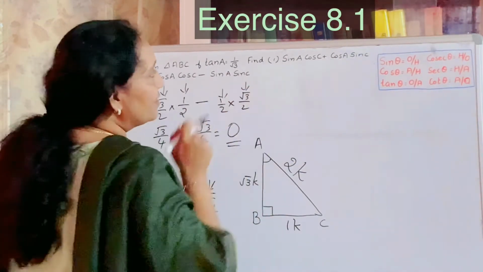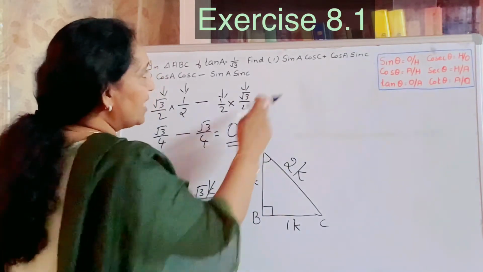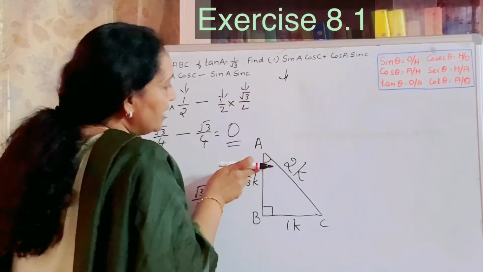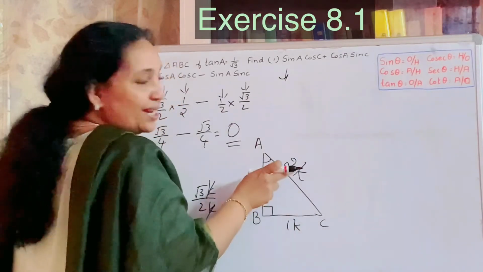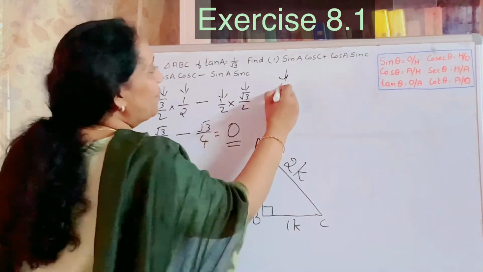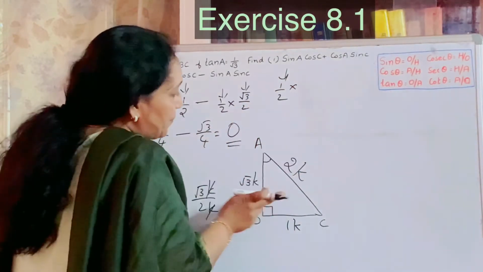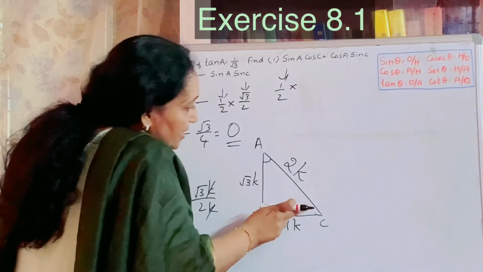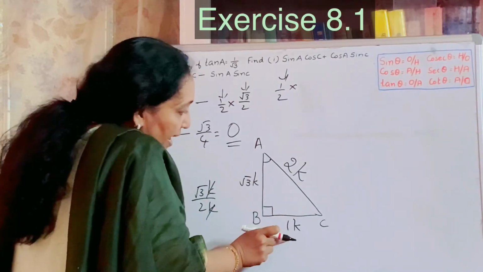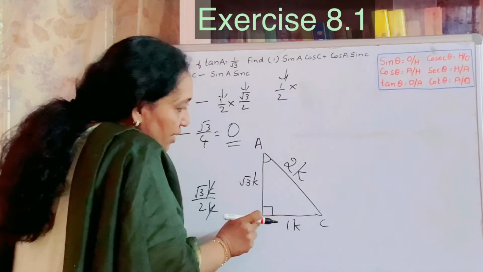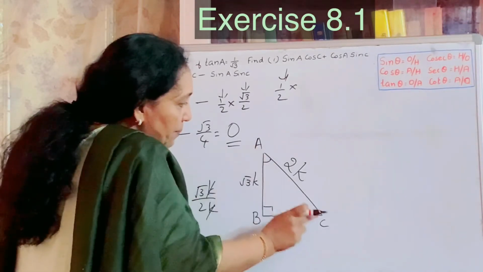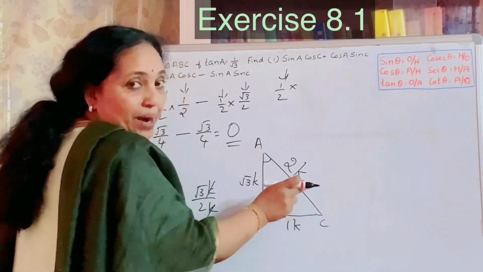Now here sin A. What is sin A? Sin A is 1k by 2k. That is 1 by 2. 1 by 2 into cos C. Cos C is, this is C. Cos C is 1k, that means adjacent side of this angle by hypotenuse. That means 1k by 2k.